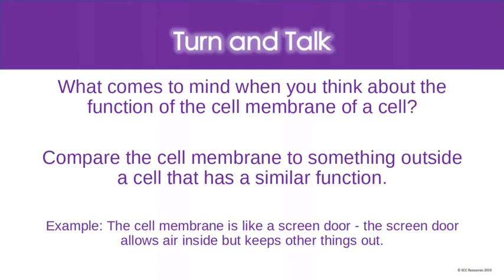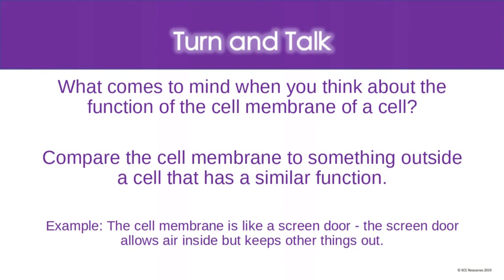All right. So one of the easiest ways to make a connection to cells, because they're not something we can see, is to think of an example. So something else in the world around us that might act similar to a cell membrane. In the example I have for you, and I'm sure there's others and you can come up with more, it's kind of like a screen door.